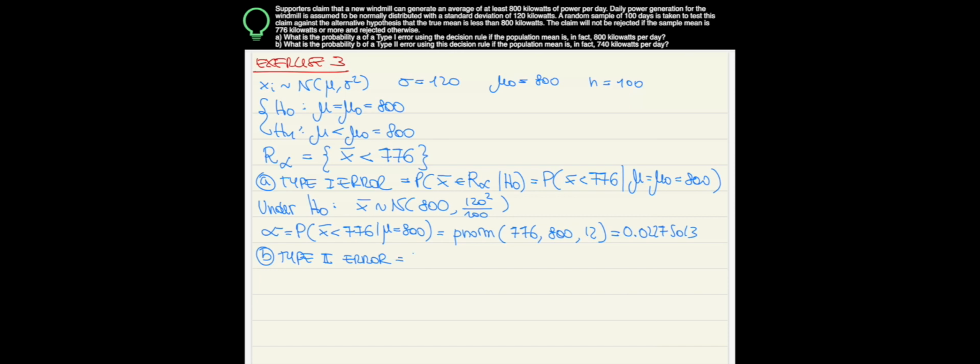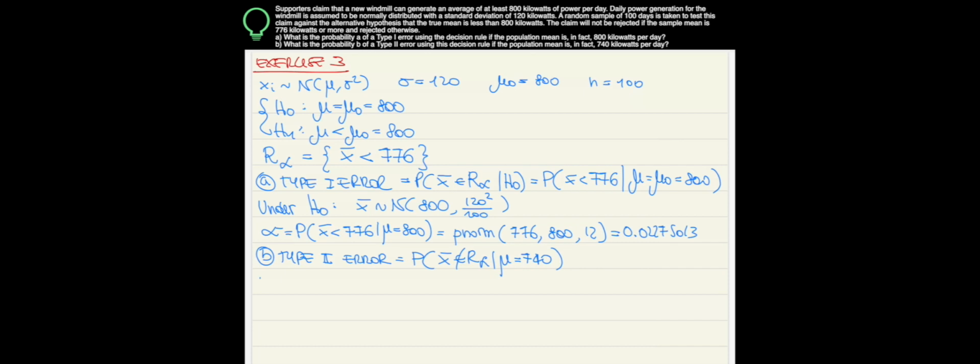So the type 2 error is the probability for x bar not to be in the critical region if the alternative hypothesis is true instead. All the errors are mistakes that we make. So if x bar is not in the critical region, then we do not reject, but we should, because the alternative hypothesis is true and not the null hypothesis.